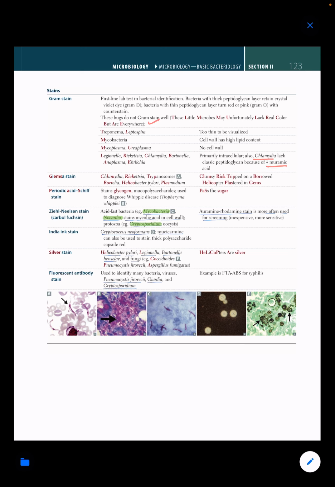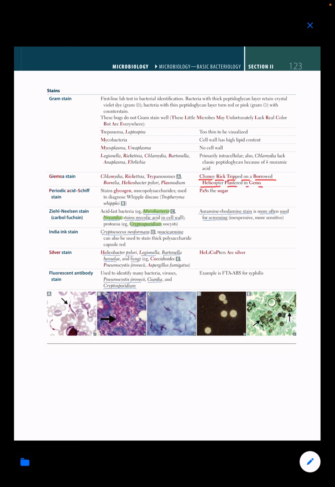The first one is gram stain, the second one is Giemsa stain. In Giemsa stain, there is also a mnemonic: clumsy Rick tripped on a borrowed helicopter, plastered in gems.